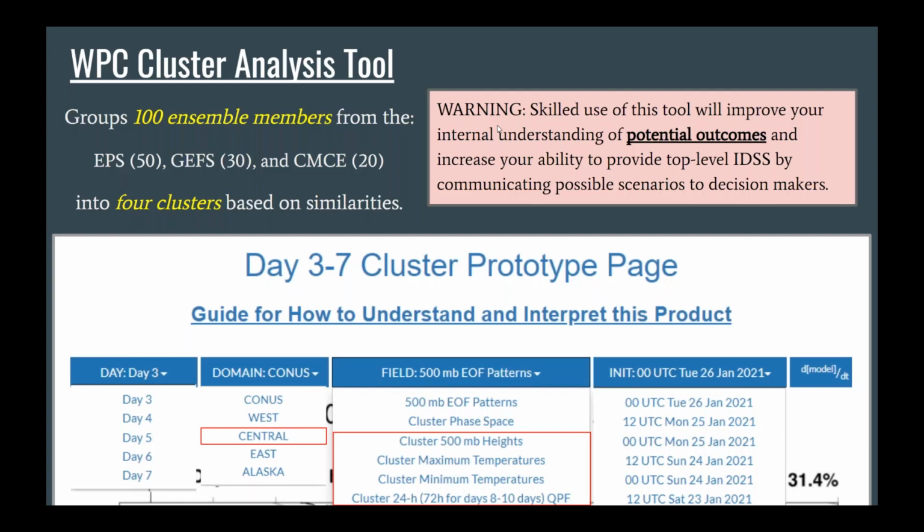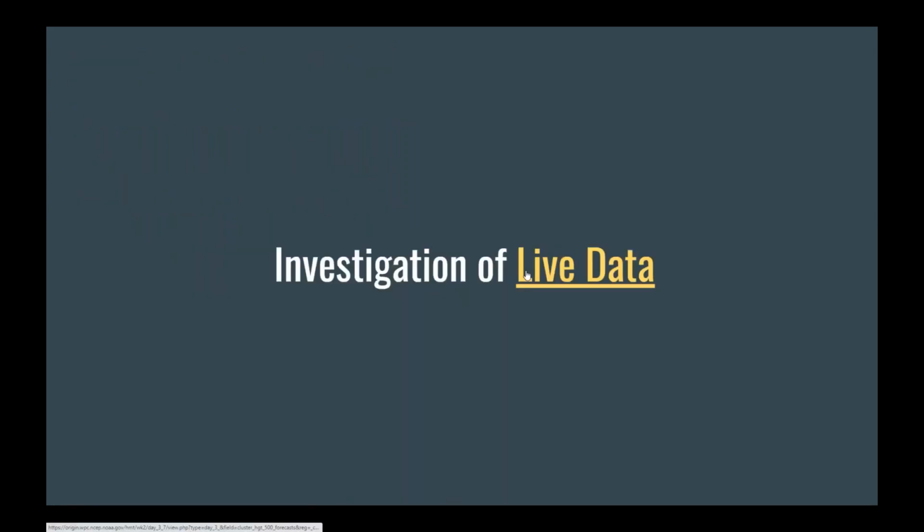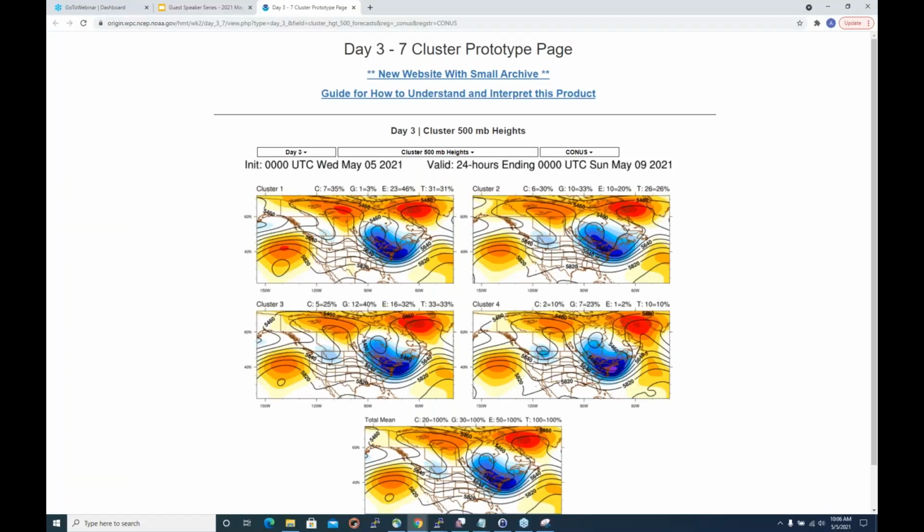There's certainly a lot more stuff that we can dig into here in the clusters, and that's a little bit the vignettes we'll go to, but we're just going to look at this from a cursory overview for the purpose of time. And so we're starting here at day 3, and you have the 4 clusters labeled 1, 2, 3, and 4, and each one labels how much percentage of each ensemble group is in that cluster.